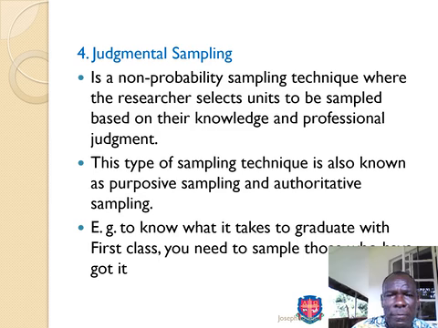sampling. Then the fourth type is judgmental sampling. This is a sampling technique where the researcher selects units to be sampled based on their knowledge and professional judgment. This type of sampling is also called purposive sampling or authoritative sampling.